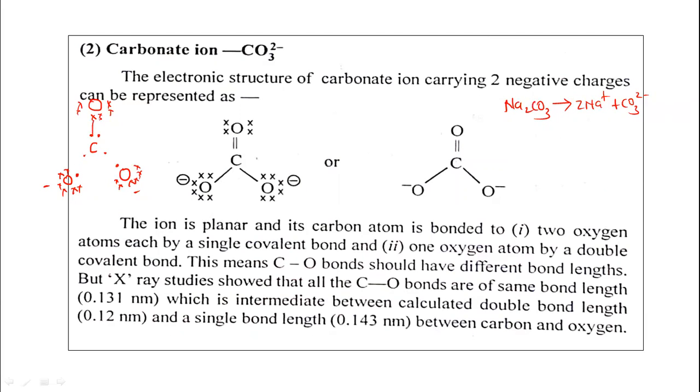So there is a formation of the double bond here, a single bond here, and a single bond here. So the molecule can be represented this way or this way. Now the carbonate ion is planar and its carbon atom is bonded to two oxygen atoms by a single covalent bond and one oxygen atom by a double bond.